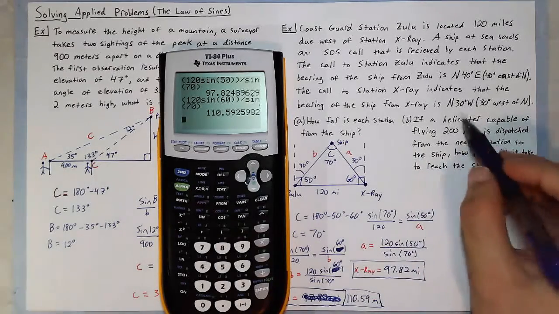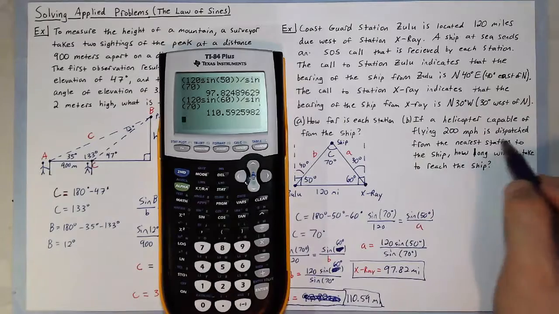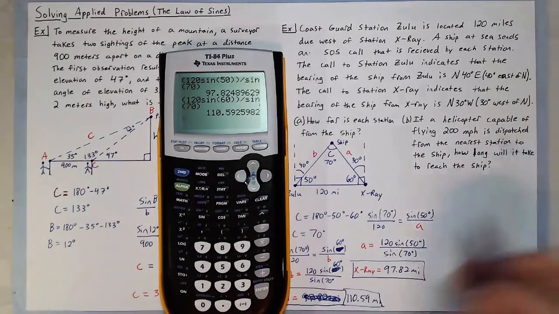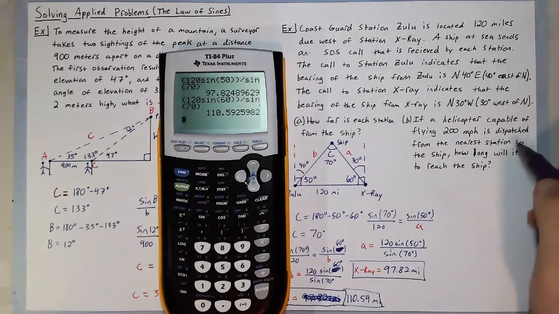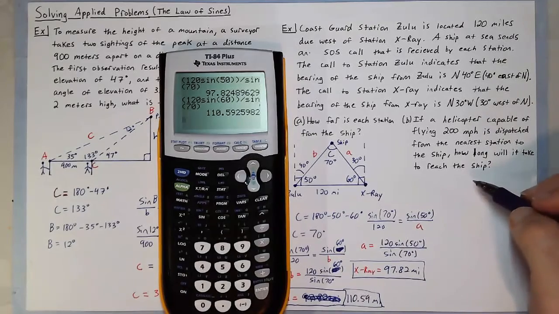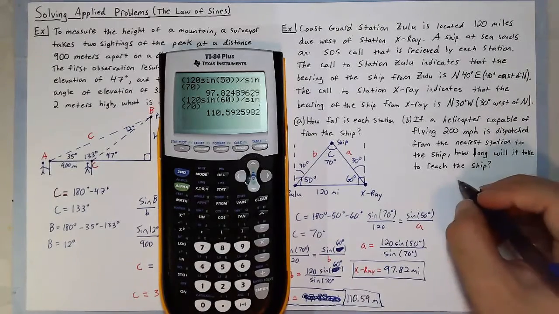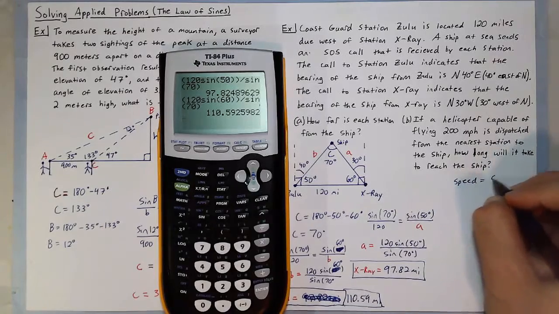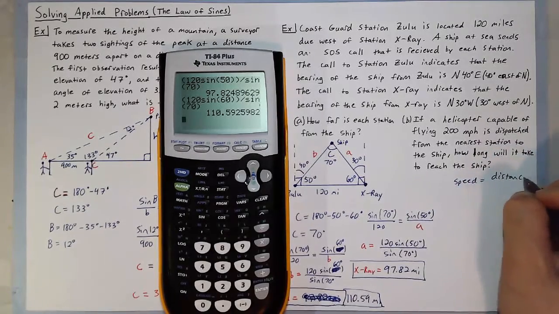But now if a helicopter capable of flying 200 miles per hour is dispatched from the nearest station, which would be station X-ray, how long will it take to reach the ship? So in order to solve this, I need to know that speed would be equal to distance over time.